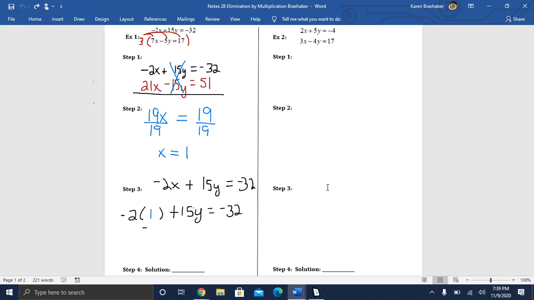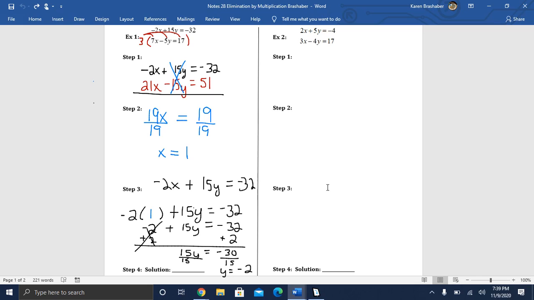Now it's just a matter of working this out. Negative 2 times 1 is negative 2, plus 15y equals negative 32. I will need to add 2 to both sides of the equal sign, giving me 15y equals negative 32 plus 2, which is negative 30. Then I can divide by 15 on both sides to get y equals negative 2.